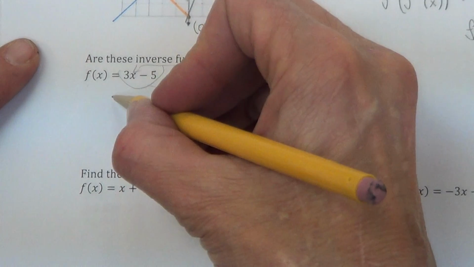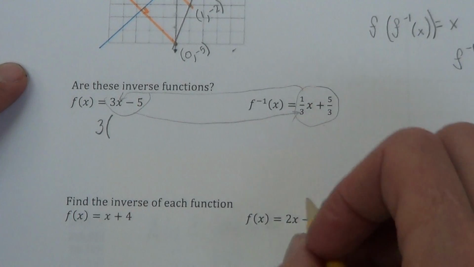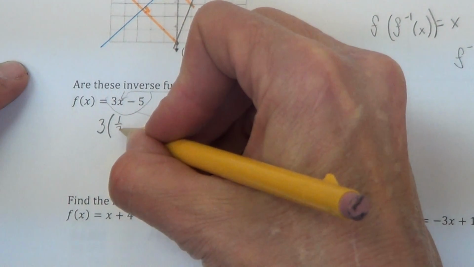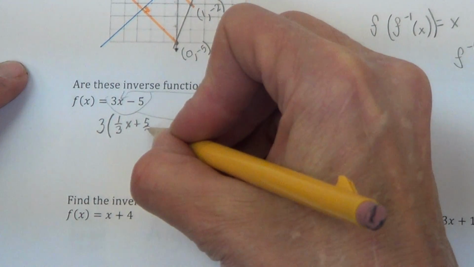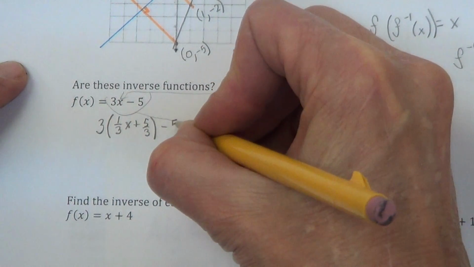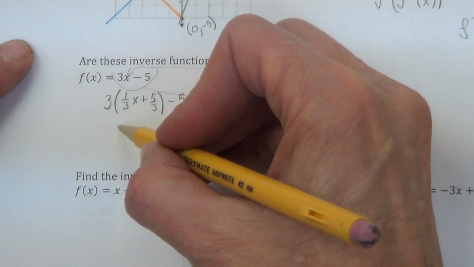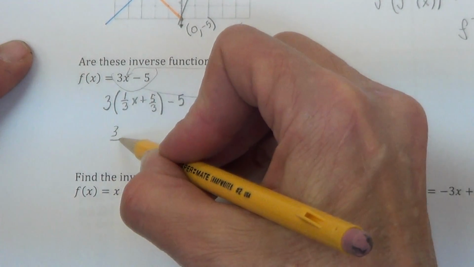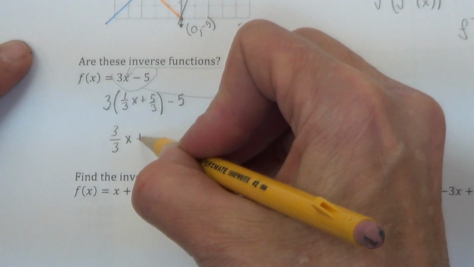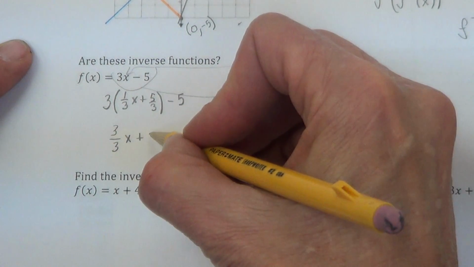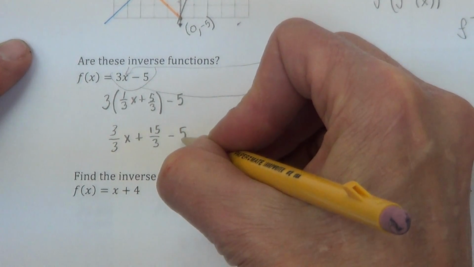So let's try it. 3 times, now we plug in this value, 1/3 x plus 5/3, minus 5. Okay, we're looking for it to equal x. We distribute 3 to each of these. That would be 3/3 x plus 5 times 3 would be 15/3 minus 5.